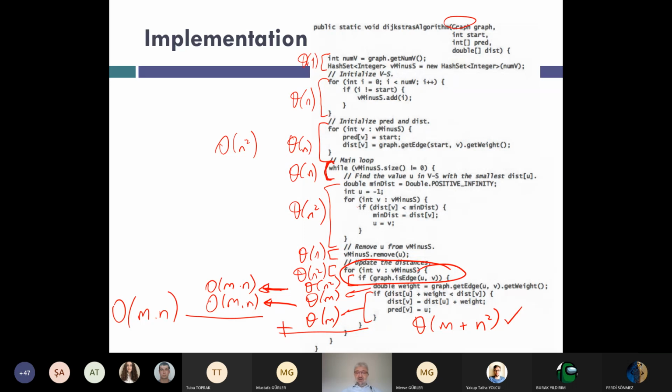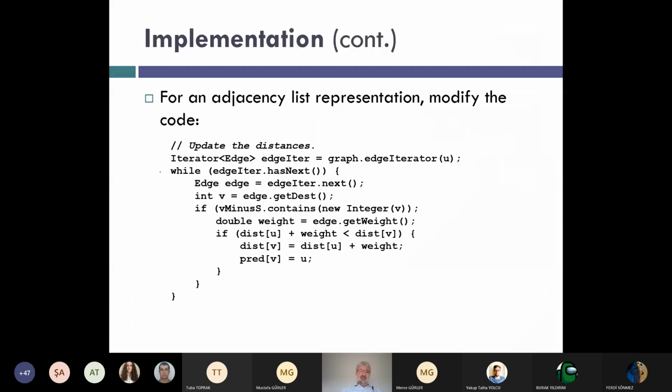But if you can perform the same operation as in here, you can get the iterator for vertex u and iterate through all the vertices in the iterator.